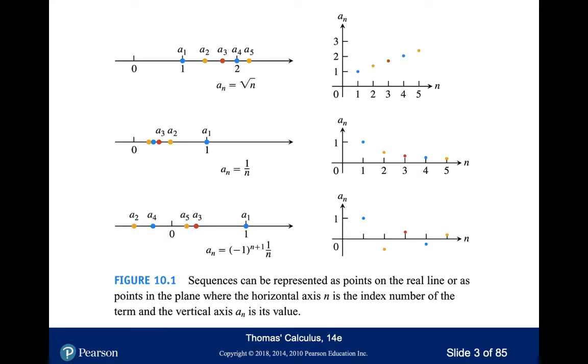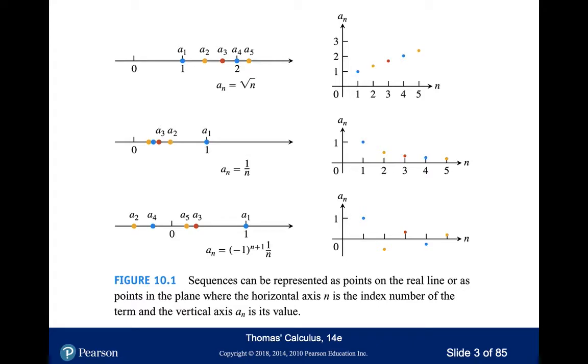In general, a sequence is just a list of numbers separated by commas where there's some sort of a pattern to the list of numbers. They can be represented on a number line. So on that top one, the pattern or the rule is that a sub n, is how we read that, is the square root of n.